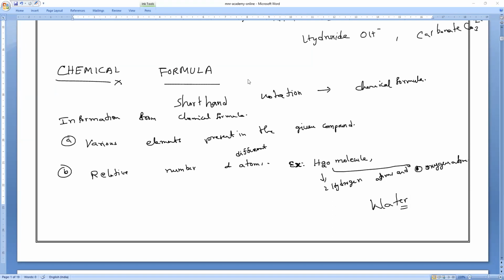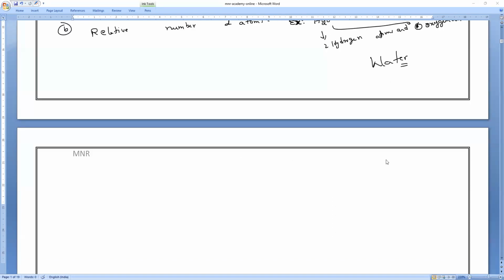For example, I'll say acetic acid. Is it possible to identify the type of atoms present, and how many of each? No, nothing we can do.